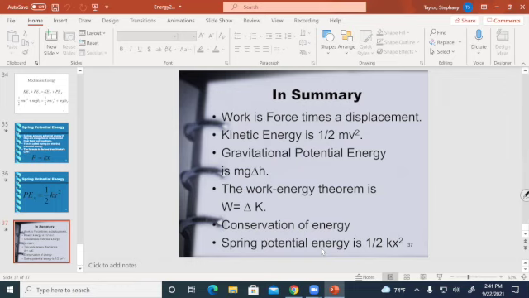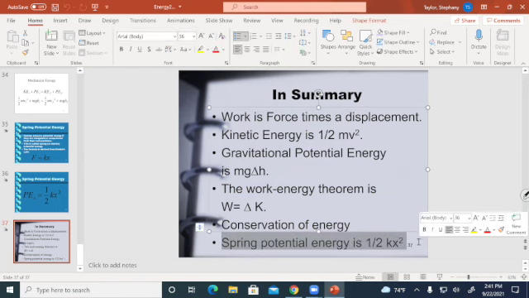The conservation of energy states that energy is neither created nor destroyed, only conserved. And your spring potential energy is 1/2 the spring constant k times the elongation or distance x squared, which again, we will come back to later on in the semester.